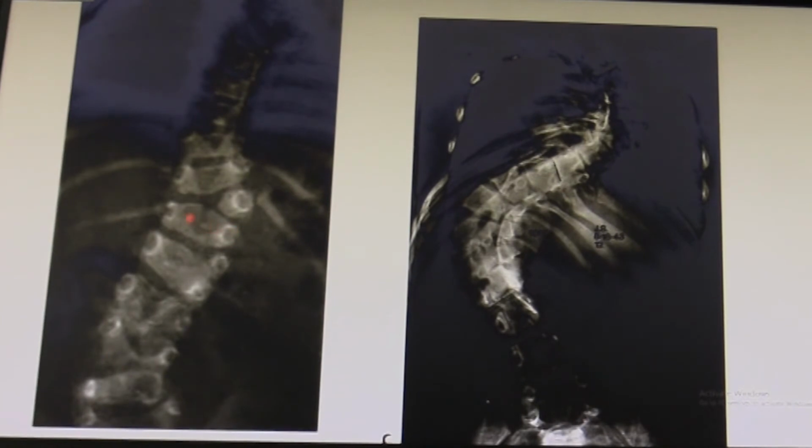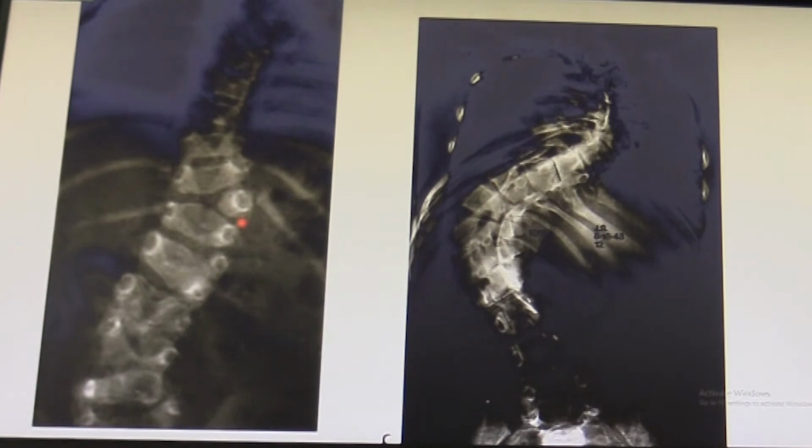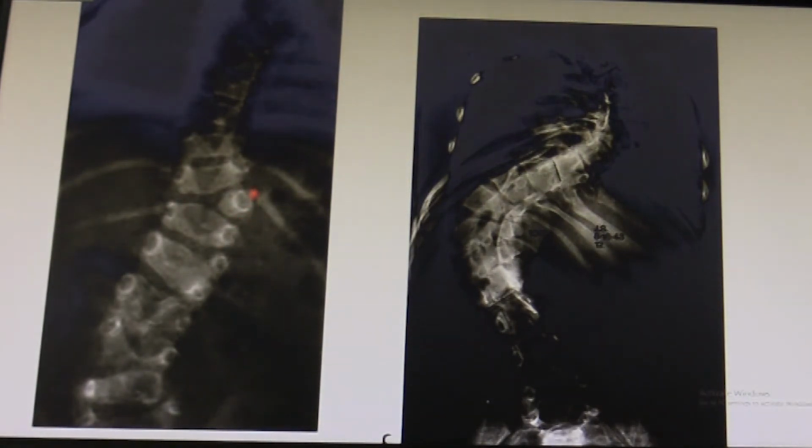But you can see with this one, there is a hemivertebra, which is a creation of one part of the vertebra and no vertebra on the other side. So there will be a growth on this side and decreased growth on this side, which will cause in the future a scoliosis with the hemivertebra usually on the convex side.